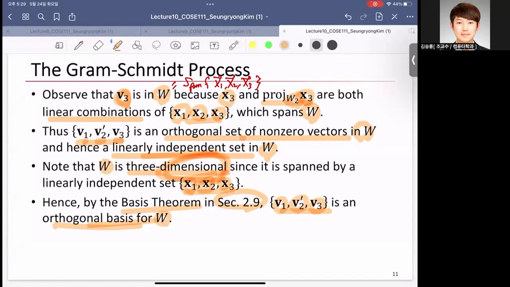If V1, V2 prime, V3 are orthogonal to each other and linearly independent, then V1, V2 prime, V3 is an orthogonal basis for W. So this set V1, V2 prime, V3 that we found is from the Gram-Schmidt process.